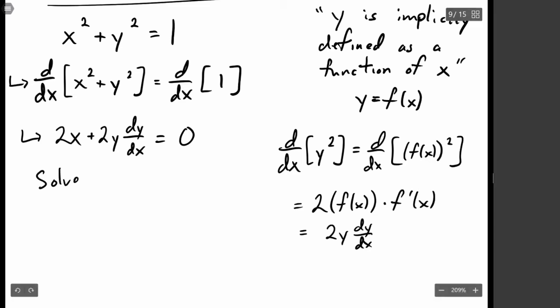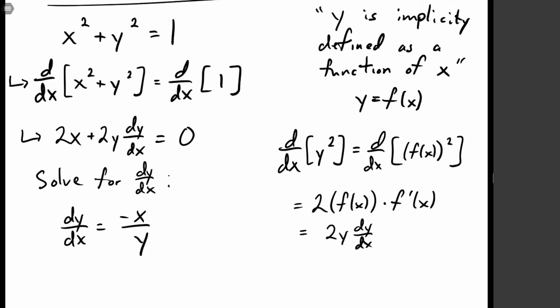So if we solve for dy dx, we wind up with minus x over y. So what this allows us to do is, as long as y is not 0, plug in the x value and the y value, and that gives us the slope.